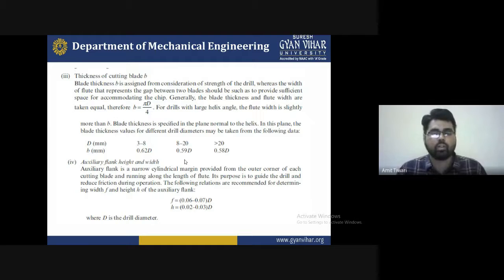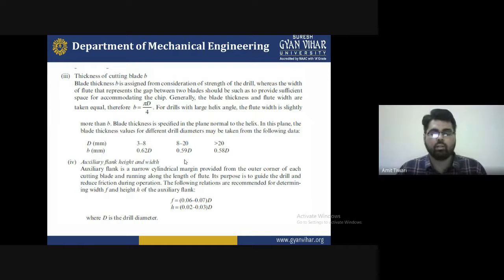The following relations are recommended for determining F and H of the auxiliary flank: F is 0.06 to 0.07 D, and H is 0.02 to 0.03 D, where D is the drill diameter.